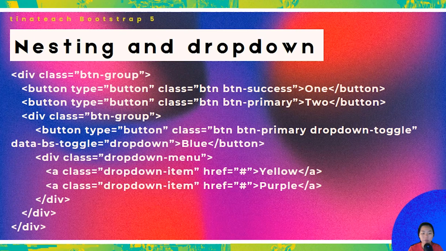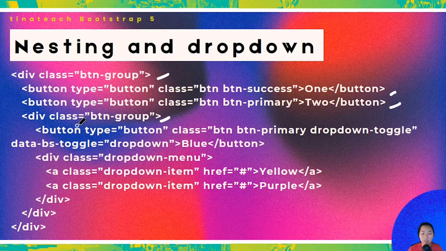Nesting and drop down. We start with container, of course, btn-group, and then button type button, class btn, and then the color, 1. So this is our classic default button. For the second one, it has the same syntax, but after it, we have a separate div, div container class btn-group.